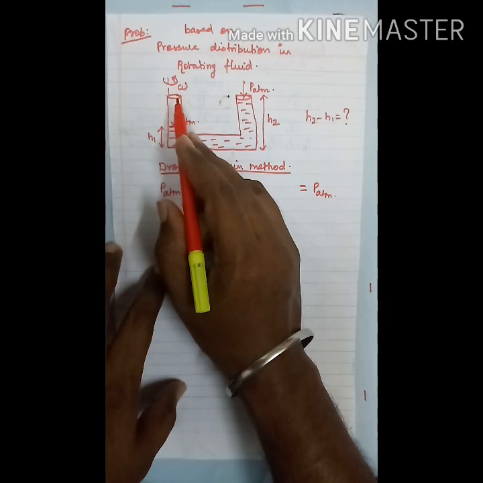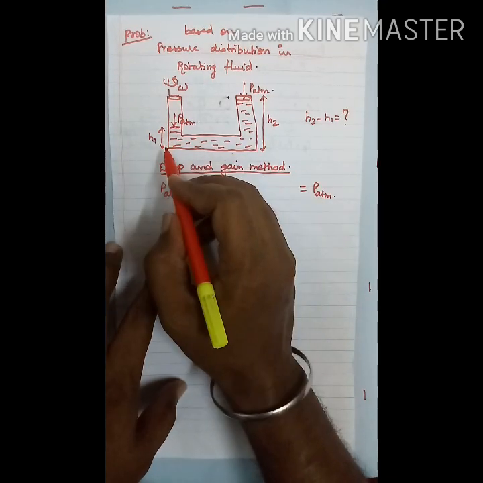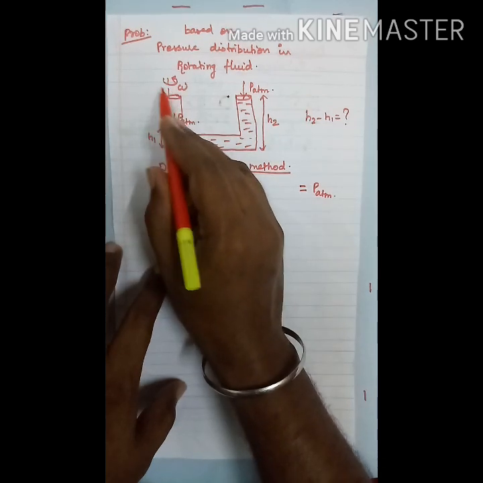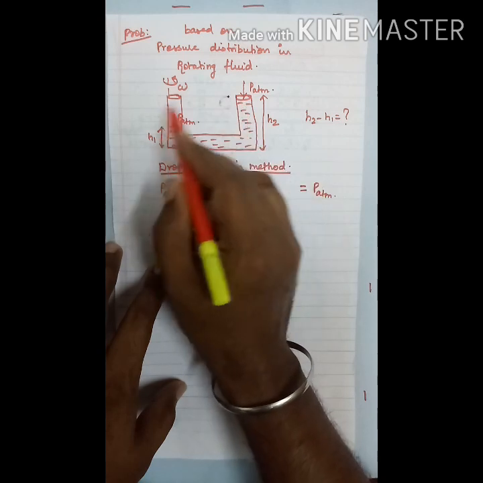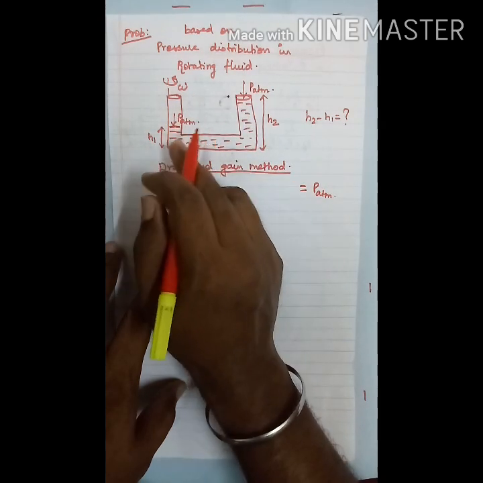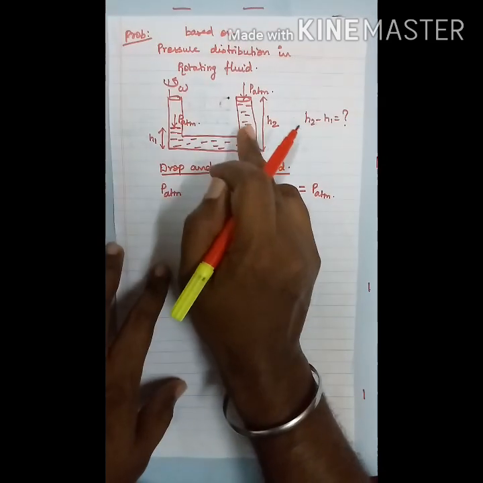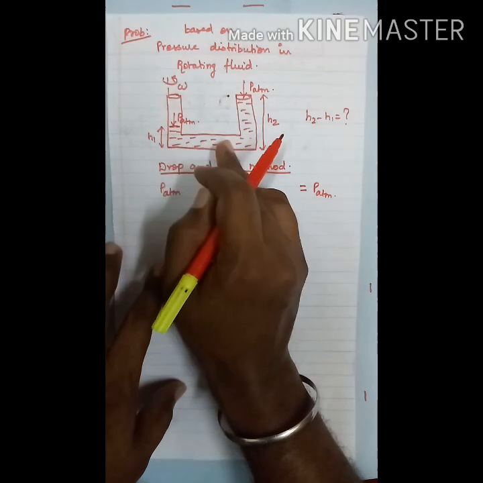See here, a tube of some shape which has an axis of rotation here. With this axis of rotation, this entire tube is rotating with the angular speed omega, so that the fluid present inside these two limbs gets distributed like this.